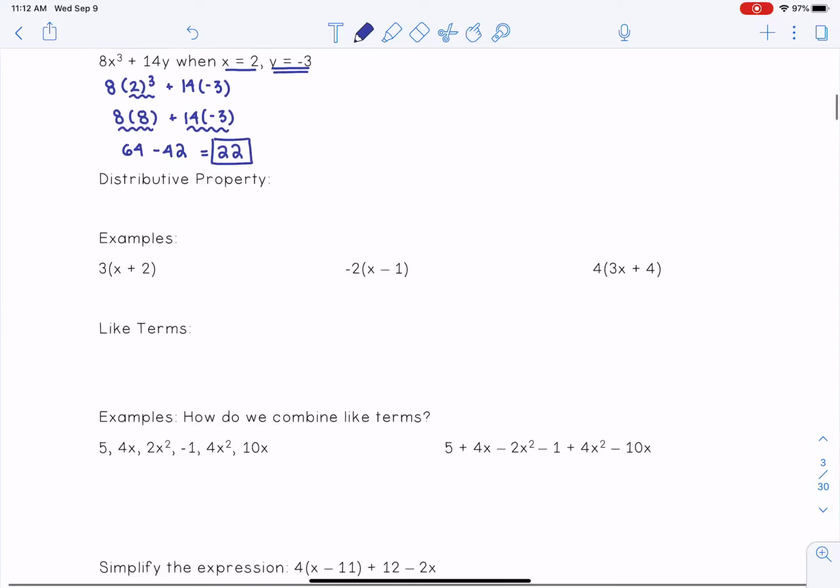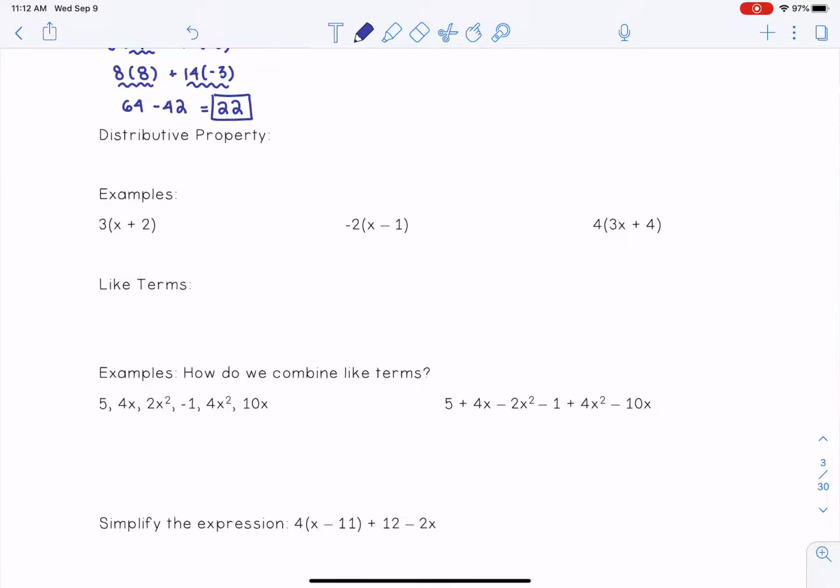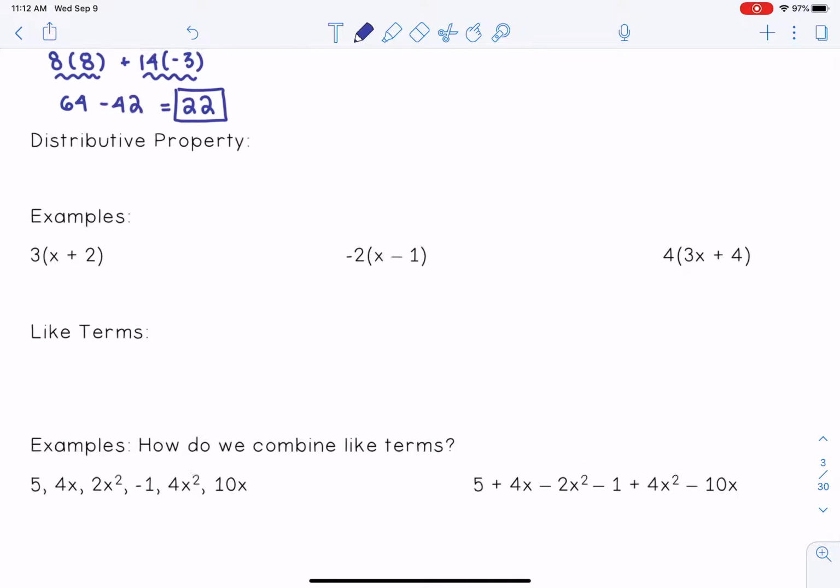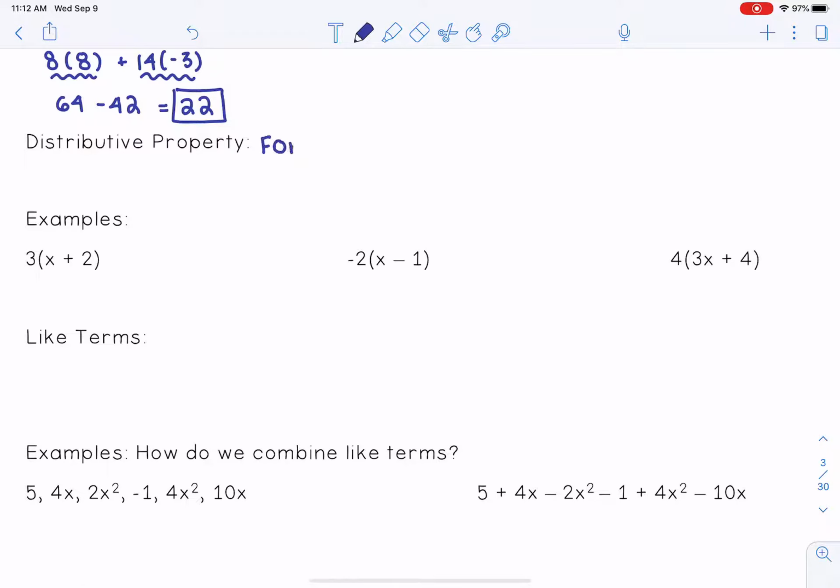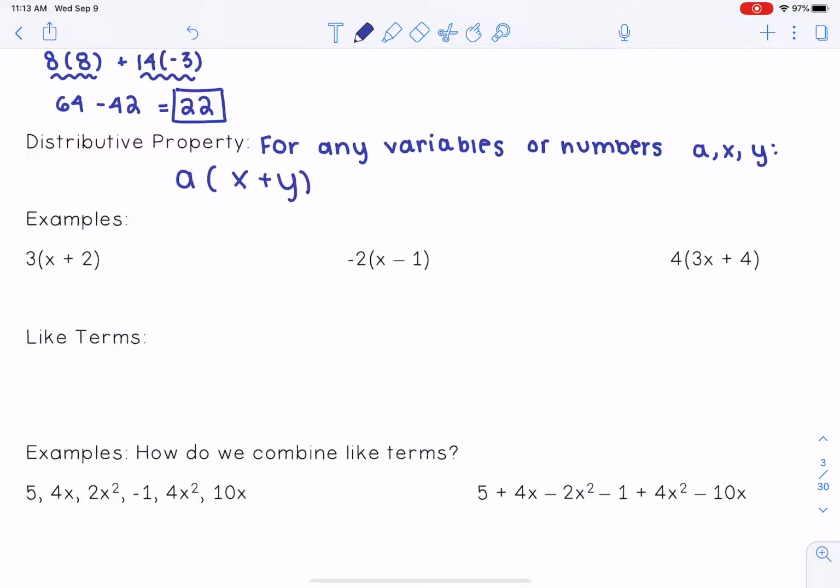Next up, we have something that's called the distributive property. So this says for any variables or numbers, a, x, and y, a times x plus y, I'm going to distribute it.